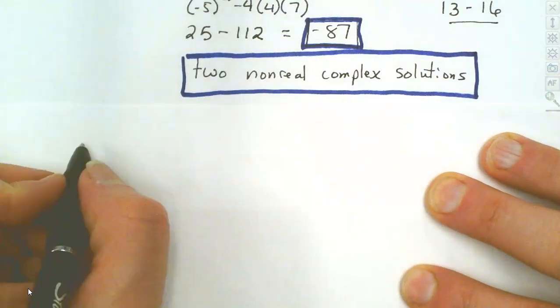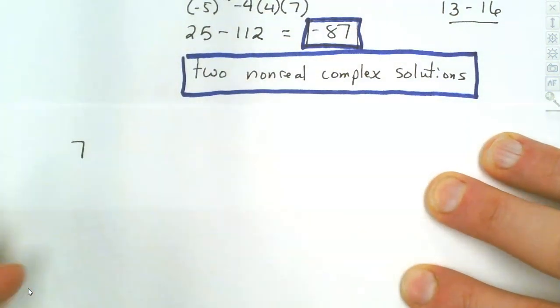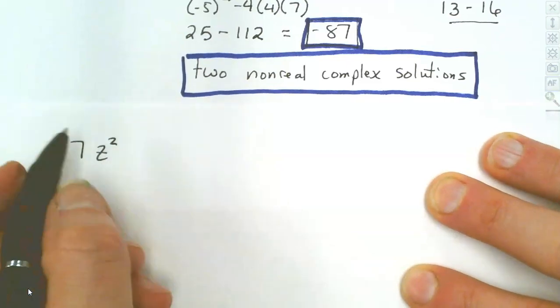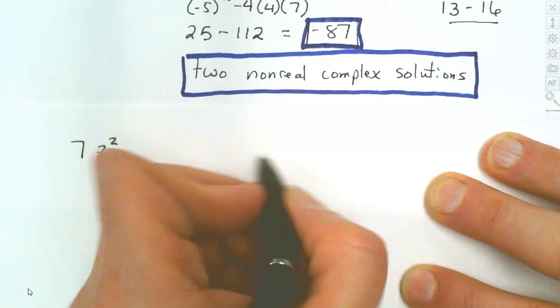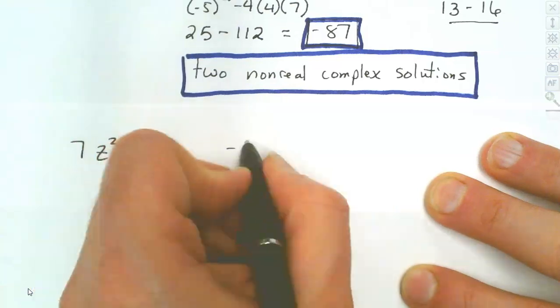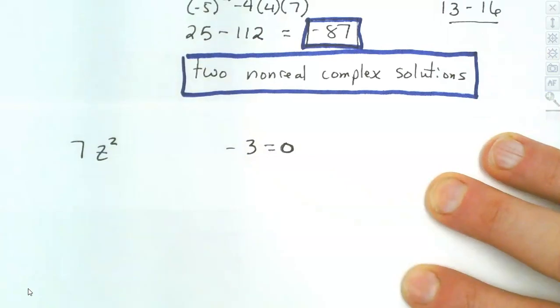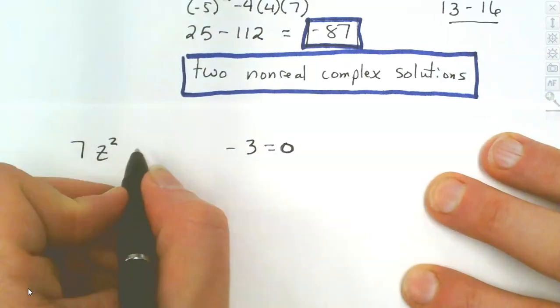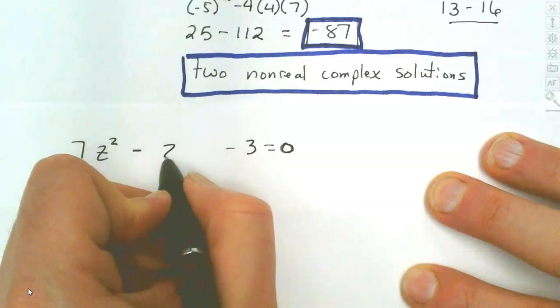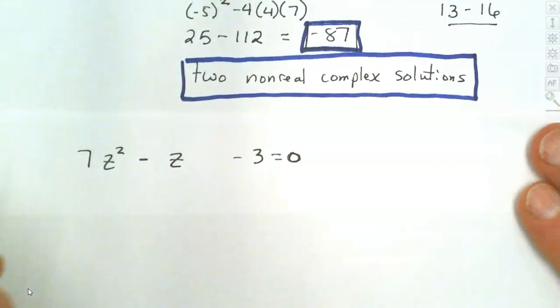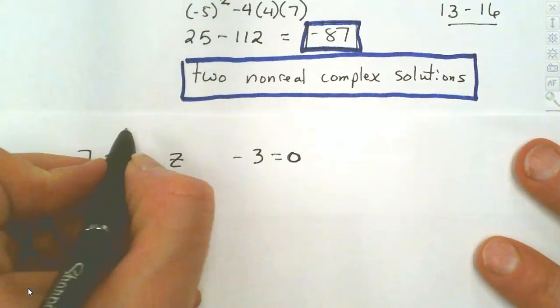How about 7z squared, and let's use a minus 3. We'll make this one already equal to 0. And let's use a minus z in the middle. So this is what we've got. And again, we're going to determine the number and the type of solutions.